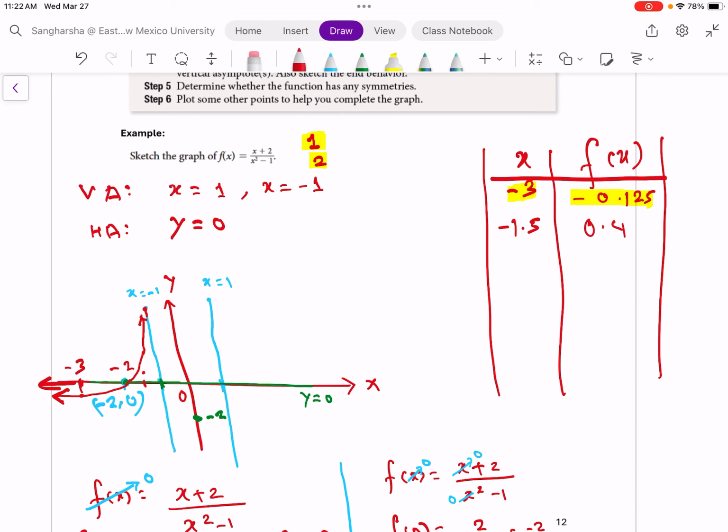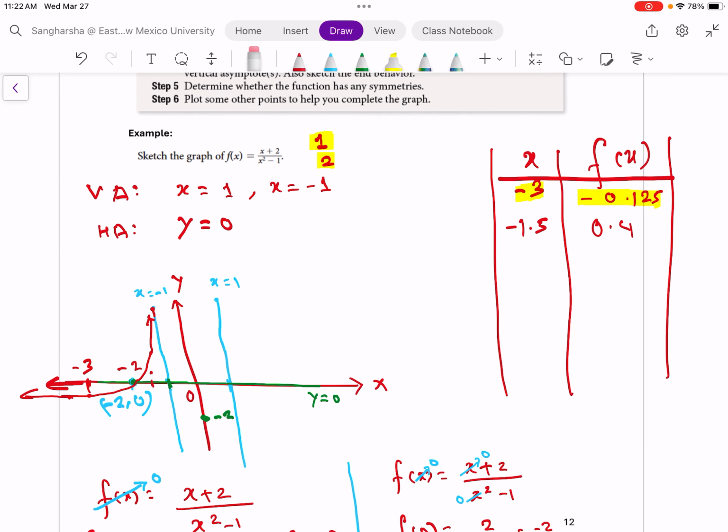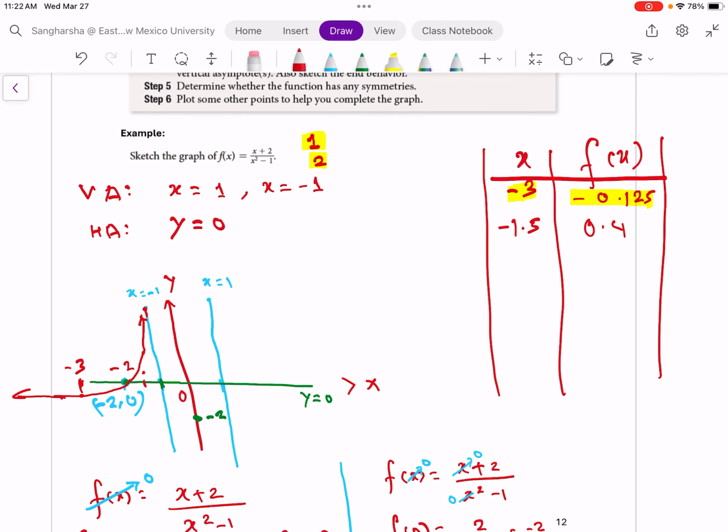When you extend this graph on the left, it is very close to our x-axis. It never crosses the x-axis, but it is very close to our horizontal asymptote. It doesn't matter what number you choose on the left; the graph is very close to your horizontal asymptote.